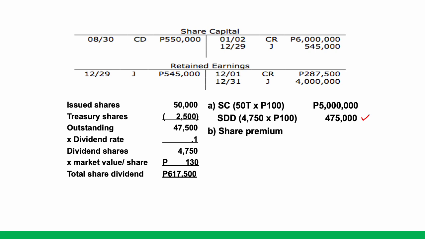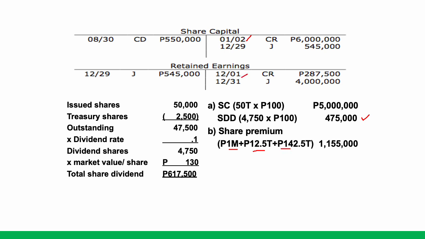So, to compute the share premium, we add the share premium from our adjustments earlier. Yung 1 million, this is the adjustment from January 2 transaction. So, you can track the adjusting entry on January 2. Then, the 12,500 share premium came from reissuance of treasury shares last December 1.